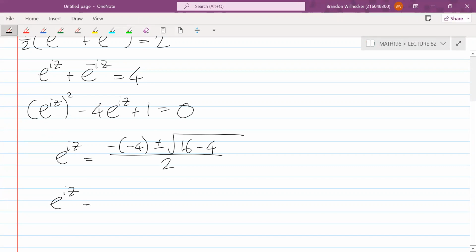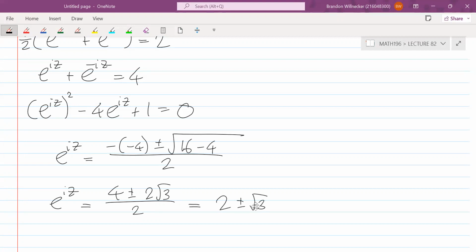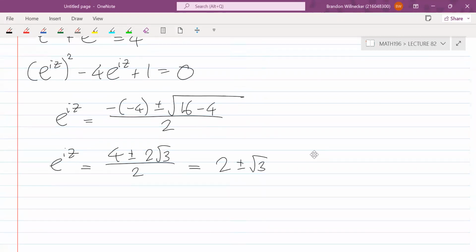So e to the iz is equal to 4 plus or minus 2 root 3 all over 2, and that simplifies to 2 plus or minus root 3. Okay, so we get 2 solutions for this e to the iz. But we don't want e to the iz, we want just z. So how do we undo exponentiation? We take the log on both sides. So iz is going to be the log of 2 plus or minus root 3.